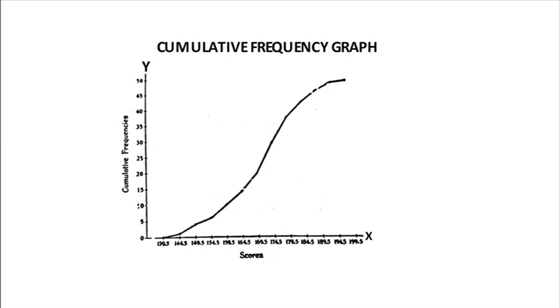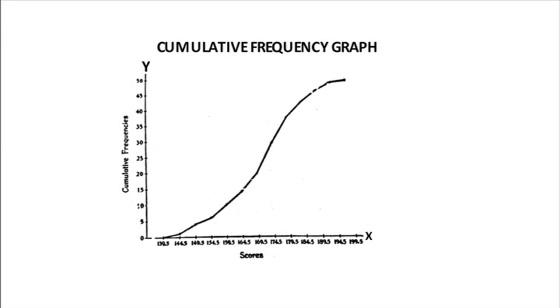So, you see, this is 144.5, 1, just take 1. Then take the second. What was the cumulative frequency? Then next. So, take the cumulative frequencies, put the points and join them, it will become your cumulative frequency graph.